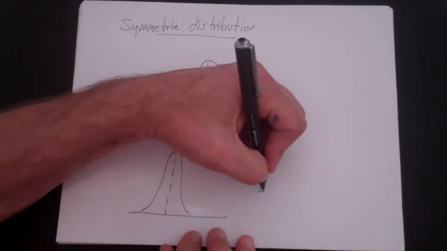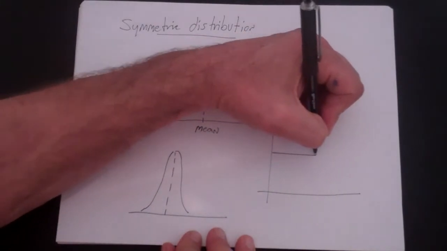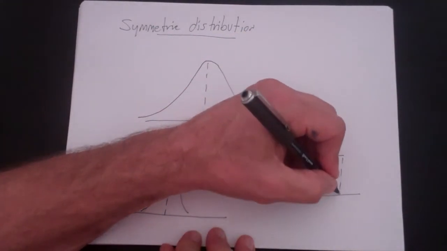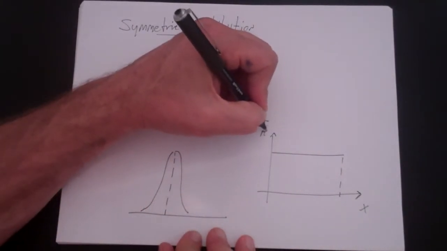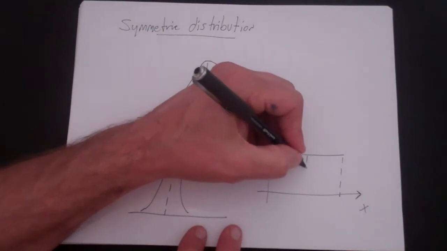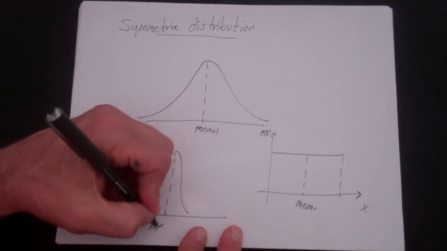And you can also have something called a uniform distribution, which is that all likelihoods are equally likely. Right? This is always x, and this is p of x. In this case, this will be the mean, in this case, this will be the mean, and this is the mean.